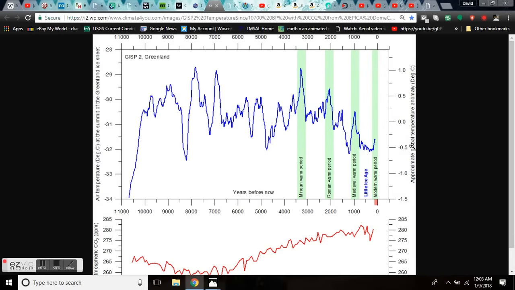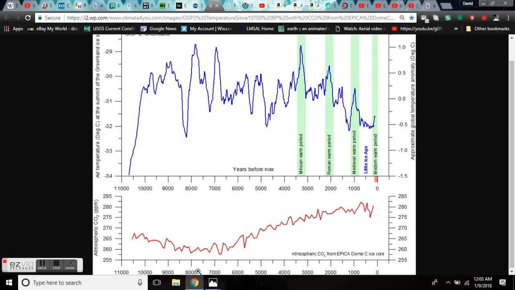You could see the CO2 concentrations below. A couple things I want to point out. The peaks of temperature are followed by the peaks in CO2 500 years later. We've already pointed this out. Here's a peak, the Roman warm, the CO2 peak 500 years later. Here's the peak of the medieval warm, and here's the CO2 peak 300 years later.